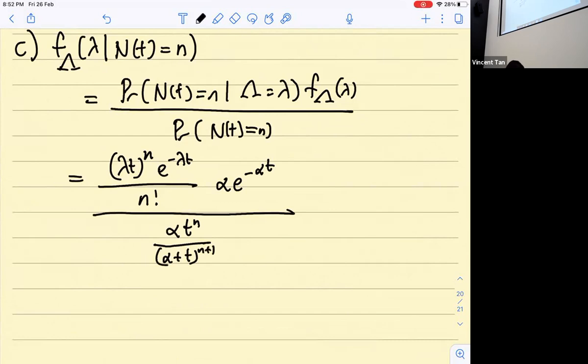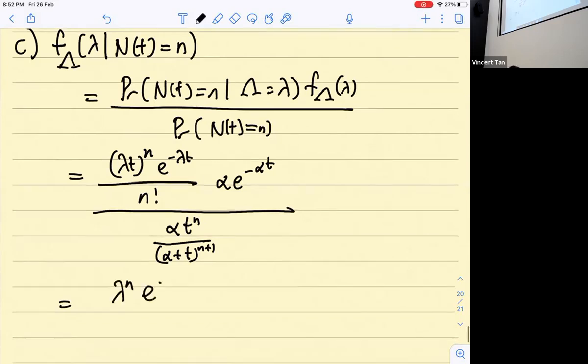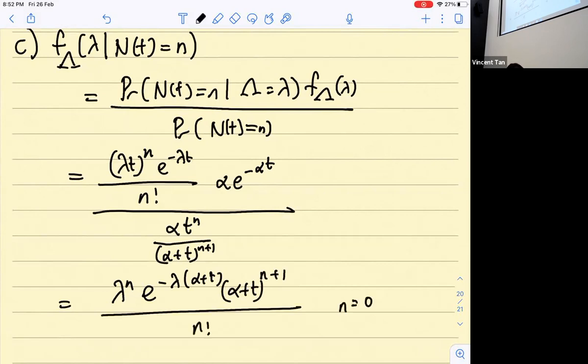As with beautiful math, things usually cancel. If things don't cancel and you get something very ugly, math is never ugly, so you are wrong. In this case, I think I am right. And so we have lambda to the n e to the minus lambda times alpha plus t, raised to the n plus 1, over n factorial, where lambda starts from 0.